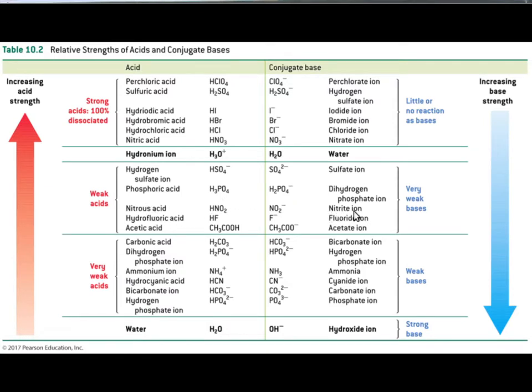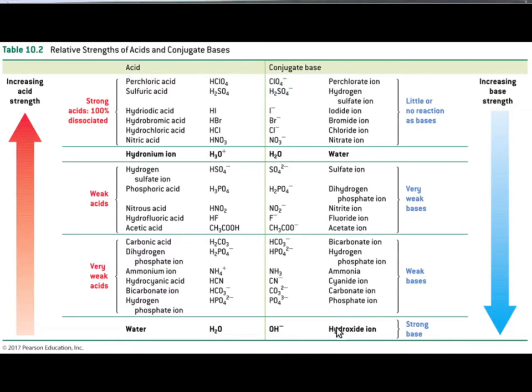And so you'll notice nitrite is labeled as a very weak base. Moving further down, about halfway through the very weak acids is hydrocyanic acid, HCN. Its conjugate, CN-, is a weak base, but it's on the stronger end of the weak bases. Because hydrocyanic acid is a very weak acid, then cyanide ion is a relatively strong member of the weak bases.